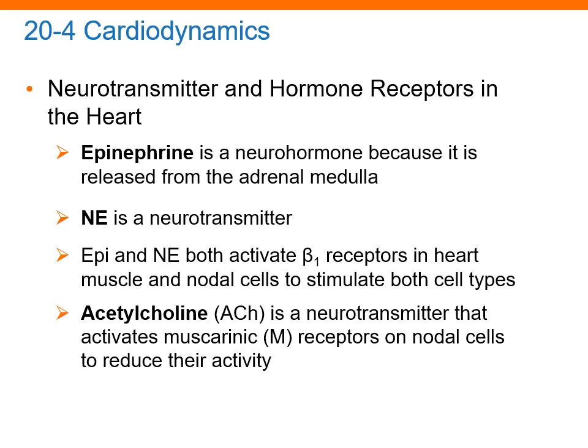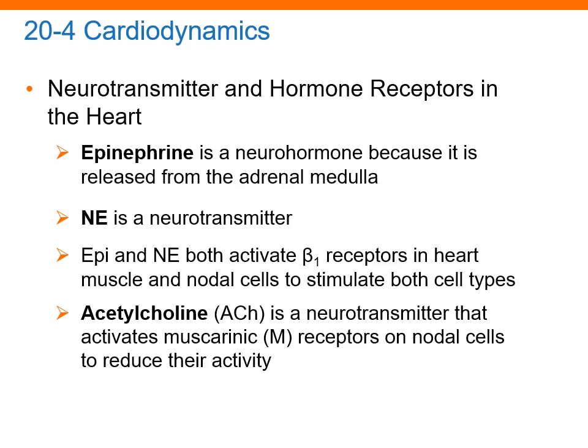Acetylcholine, I'm sorry, I shouldn't have skipped the third bullet. Epinephrine and norepinephrine both activate beta-1 receptors in the heart. That's the heart muscle and nodal cells, to stimulate both cell types. So remember, sympathetic affects the entire heart. The rate will go up and the force of contraction will go up, and that's through beta 1 receptors.